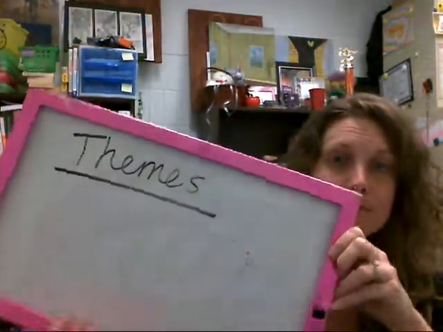So let me write this down. Themes. I want you to find common themes, common elements for your subject, and then you're going to organize your essay by themes, okay?